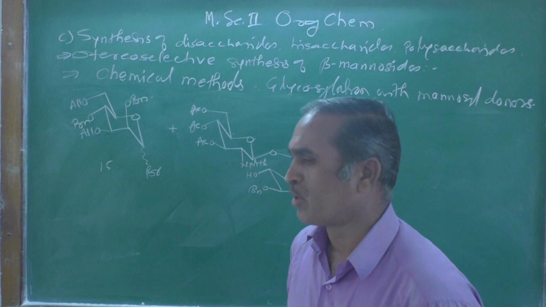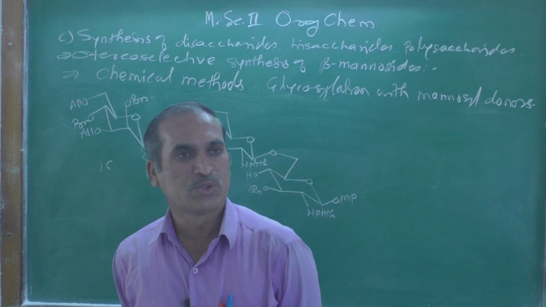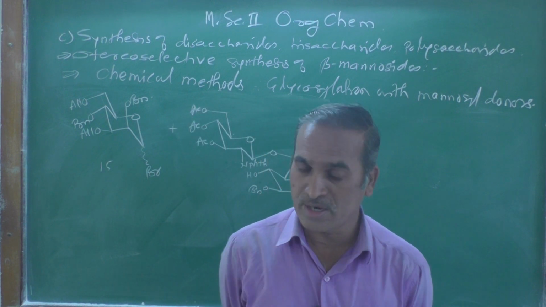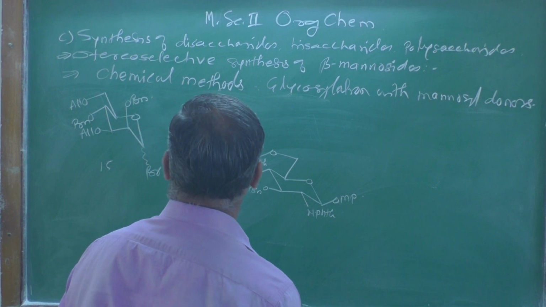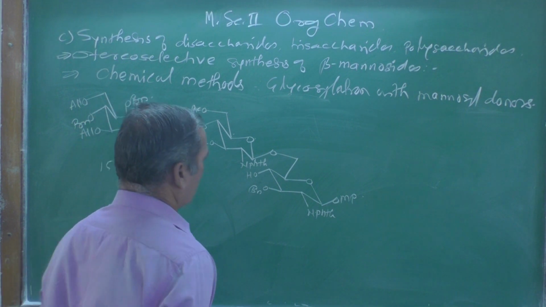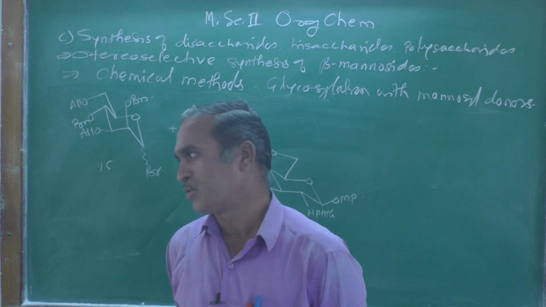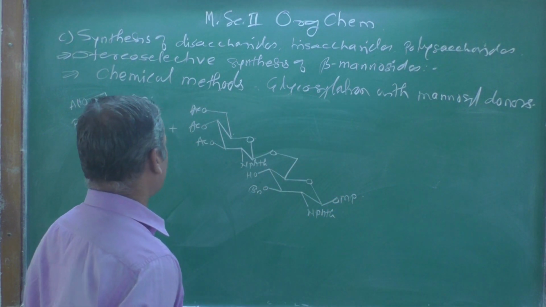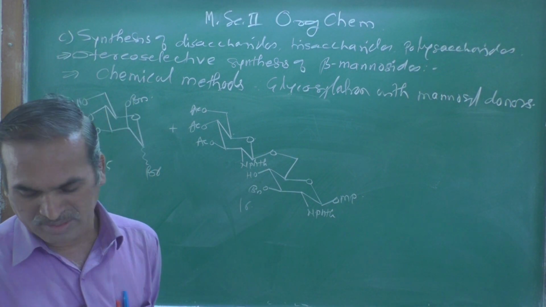NaH means sodium hydride, and the reagent employed here is acetic anhydride. It is a very good acetylation reagent; primary, secondary, tertiary or phenolic hydroxyl groups easily get protected by using this reagent. Now see, this is structure number 16.